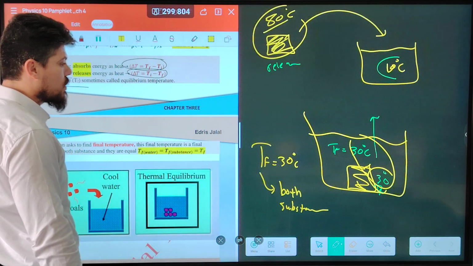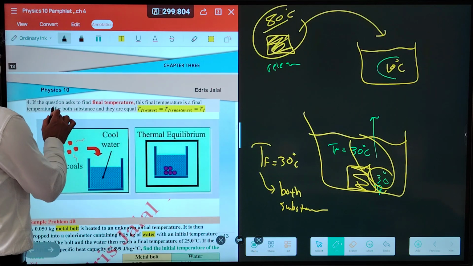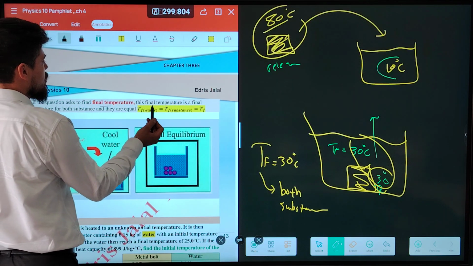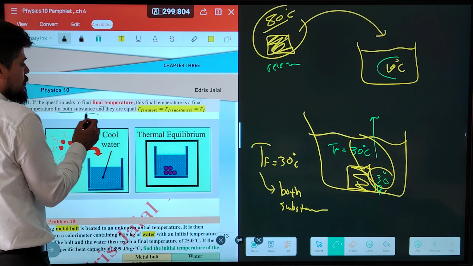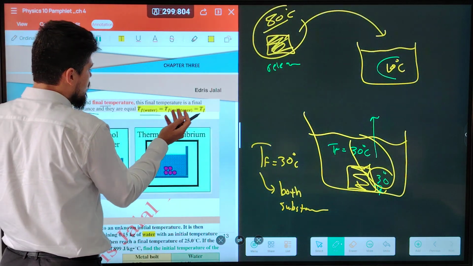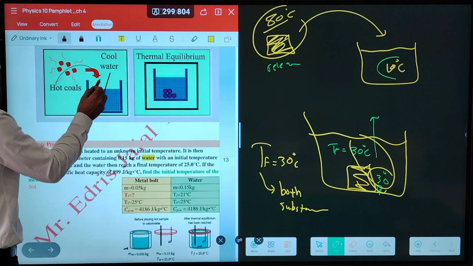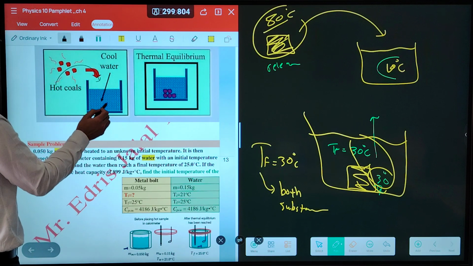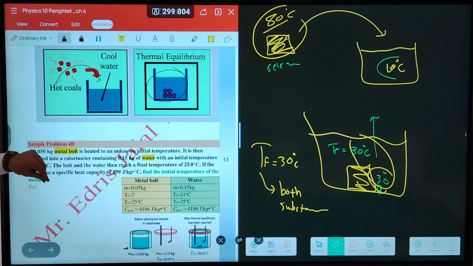Always after physical contact, the final temperature is the equilibrium temperature? Yes. If the question asks us to find the final temperature, it is the same for both substances. For example, hot metal cooling in water: this one releases, this one absorbs, and after a while they reach thermal equilibrium.